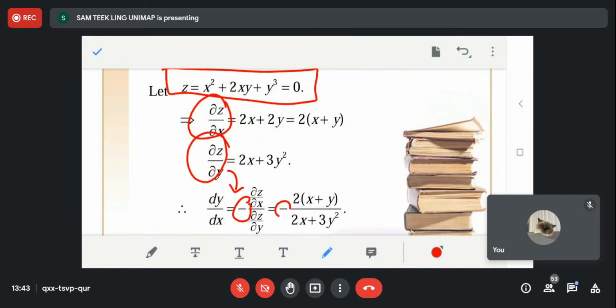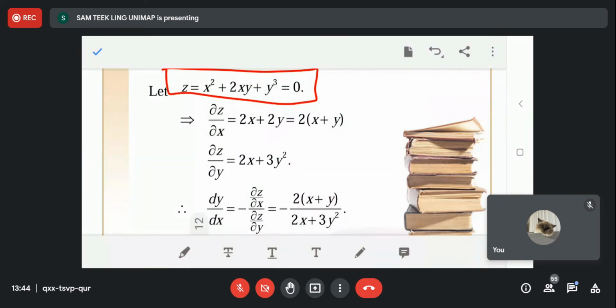So negative del z del x over del z del y is our final answer. This is implicit function.